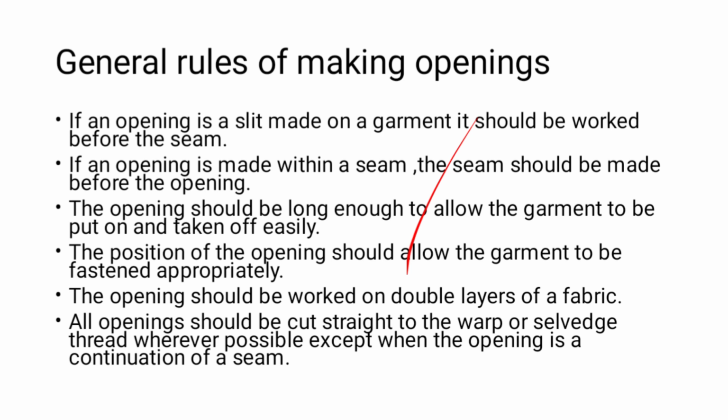The weft threads are the weak threads in a fabric, while the warp threads or the selvage are the strong threads on a fabric. And this will make the opening stiff and not continue tearing.